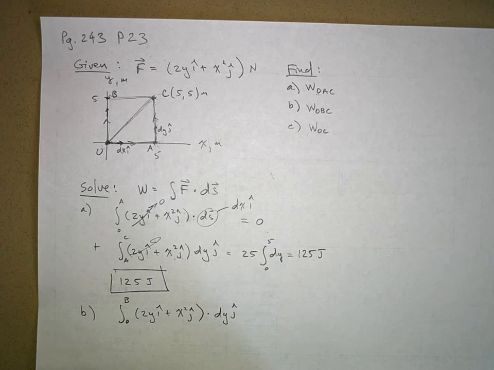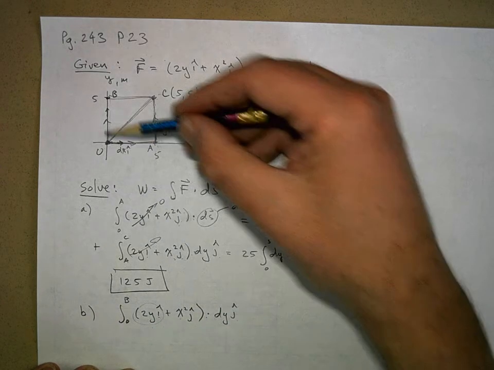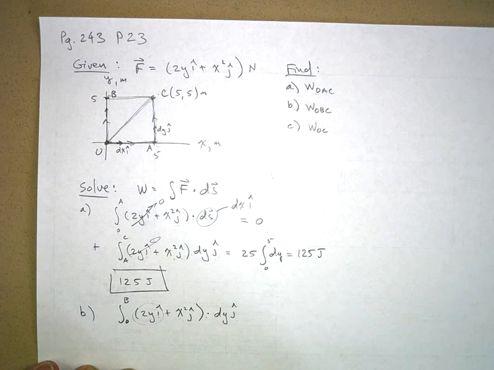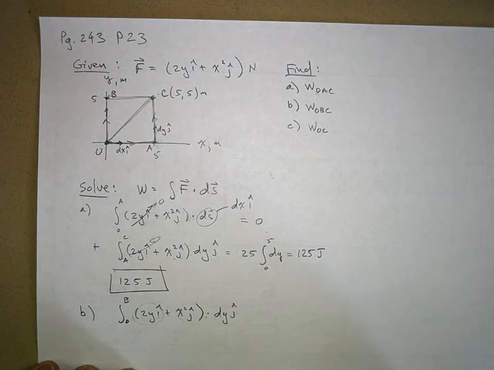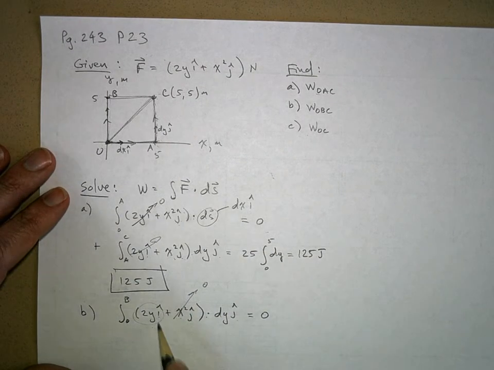Well, notice that if I go I dot j, that's 0, so this term doesn't matter. When I go j dot j, I get 1, but what is x as I move along this line? X is 0 the whole time. So the whole thing is 0. Why? Because x is equal to 0. And I dot j is equal to 0, so that multiplies to 0.